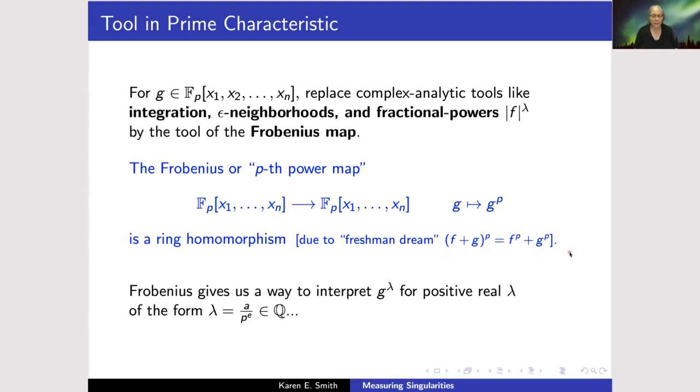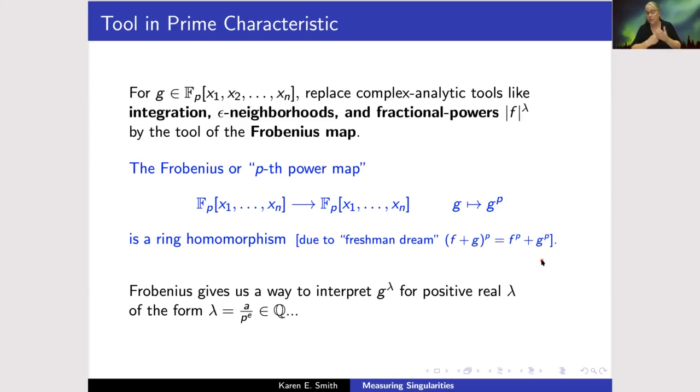But this is exactly what happens in characteristic P. All the binomial coefficients are divisible by P, so they all become 0 in characteristic P. And so this tool is what we replace all of the analysis by. And it's kind of remarkable that we can do that.